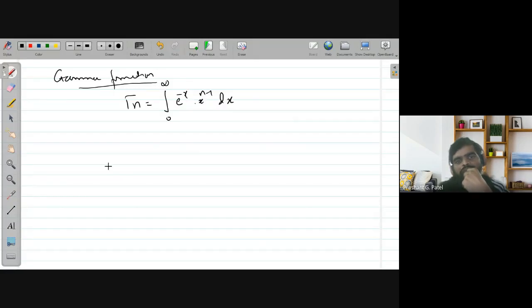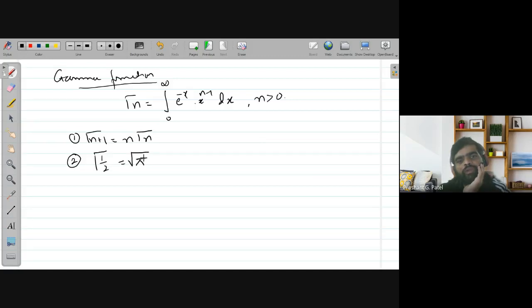For n a positive real number, gamma n plus 1 we have proved is n into gamma n. Secondly, we have proved that gamma 1 by 2 is the square root of pi. These are the properties of the gamma function we have discussed.